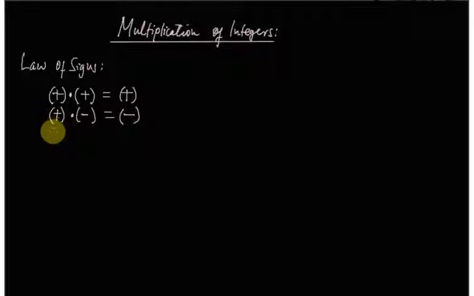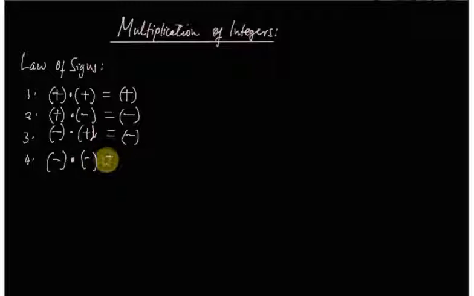If you have a negative and you multiply by a positive, the result is going to be negative, because it's the reverse of the second one. This is the first, second, third. The fourth one: if you have a negative and you multiply by another negative, the result is positive.